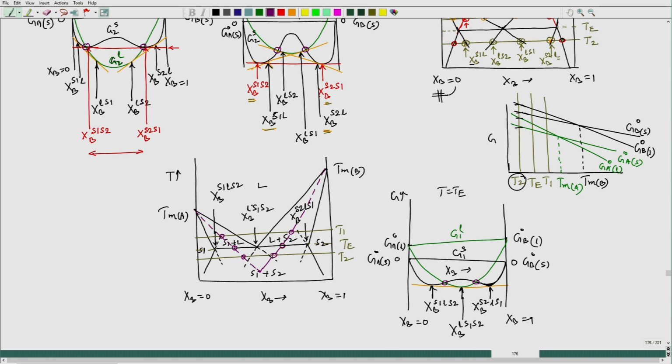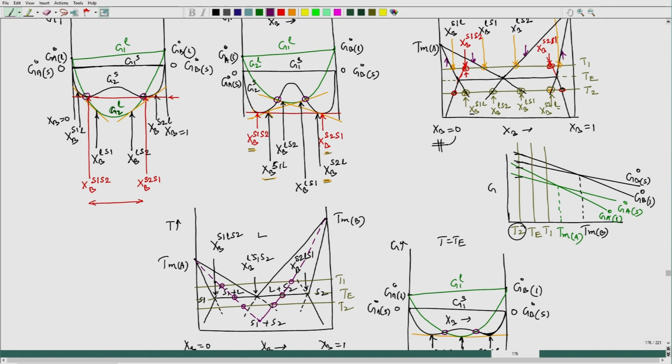Now, interestingly, between these 2 points I see that liquid is actually existing in both stable as well as metastable mode. For example, let us take this particular thing. Here between these 2 points I see the liquid is below the solid free energy line, but it is above the common tangent line. So, that means that liquid would be definitely metastable.